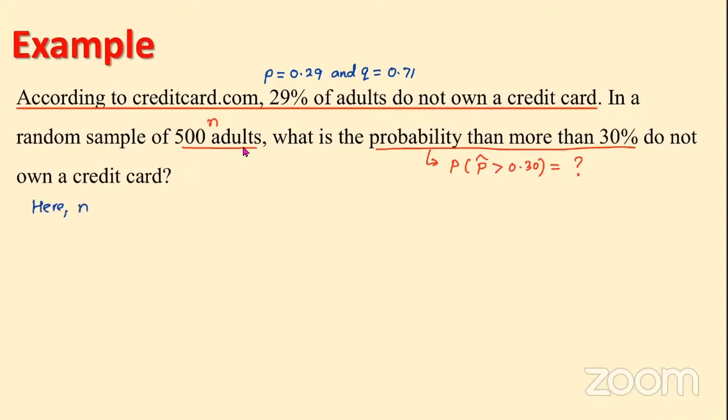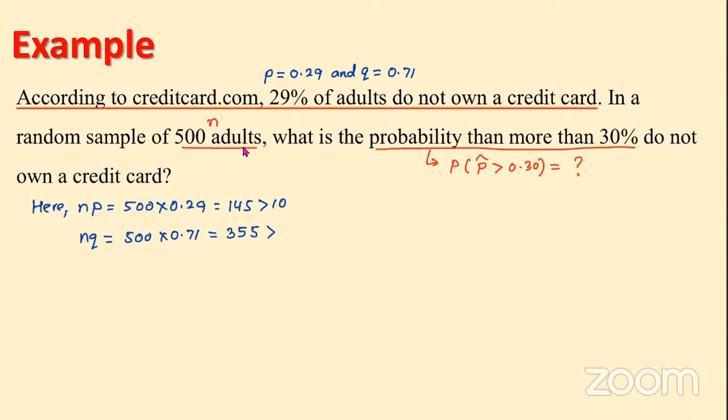If I want to find n times p, that is 500 times 0.29, which equals 145, which is greater than 10. Similarly, n times q is equal to 500 times 0.71, which equals 355.